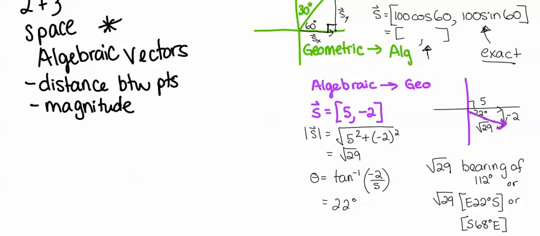So there's a whole bunch of different ways. As long as you're clear and it makes sense, I'm good with that. So that's how you convert between the two of them.